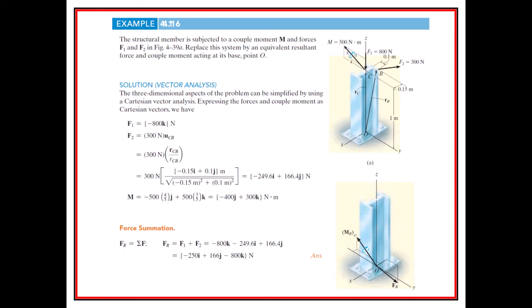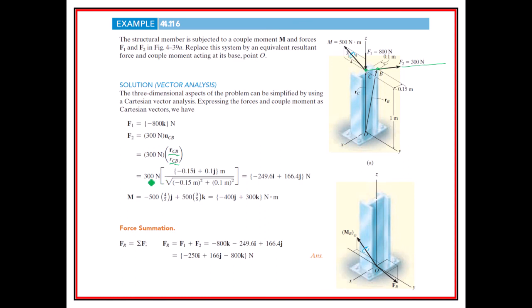Yeah, that seems to be what they're doing. There's a line running right along there. So they're taking the length between here and here. That's that RCB. So here's the vector and here's the length.